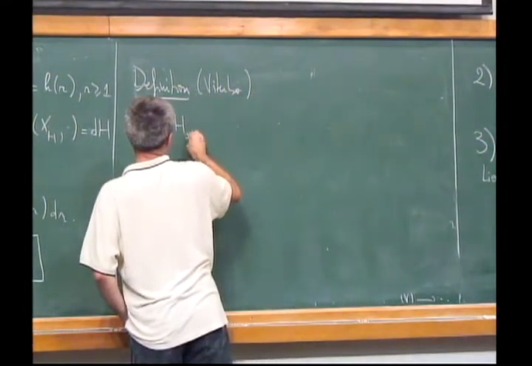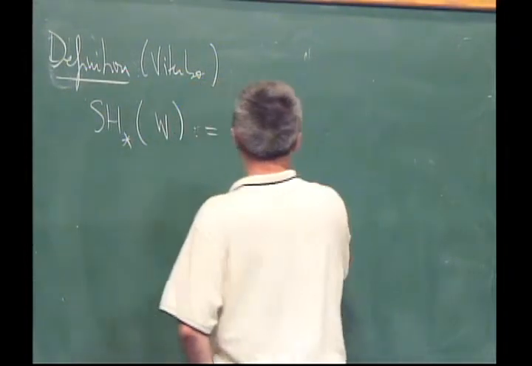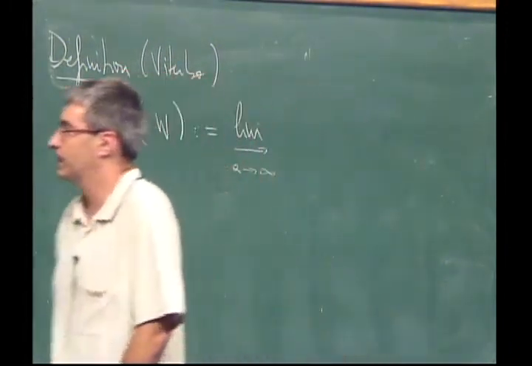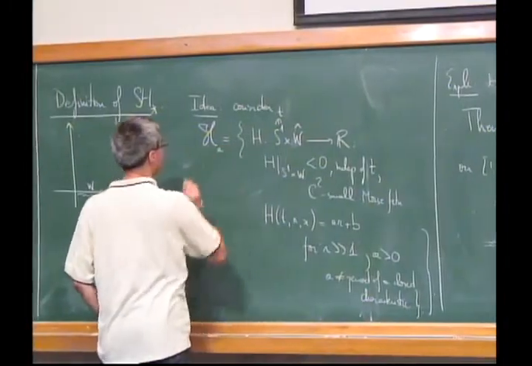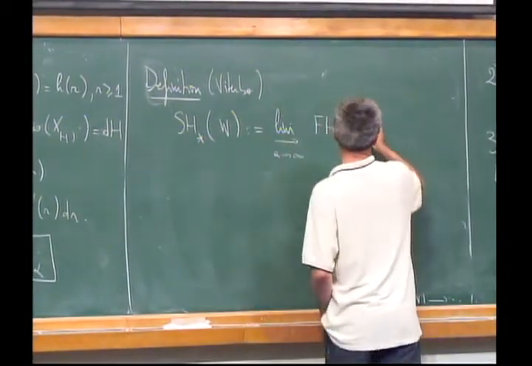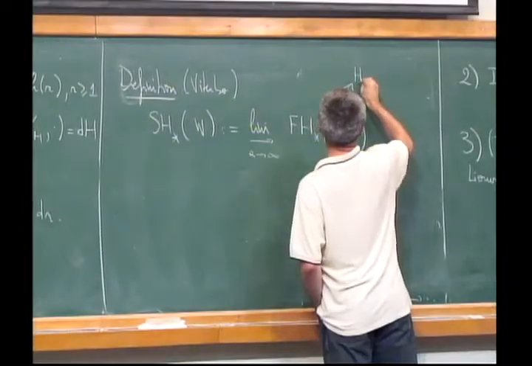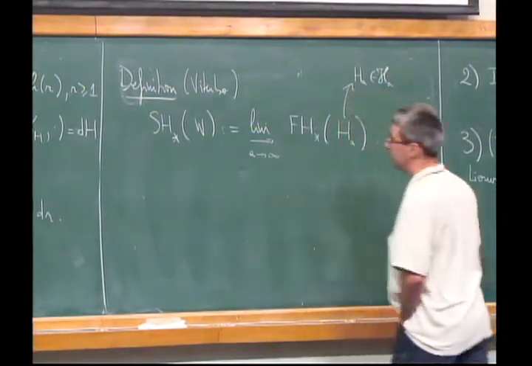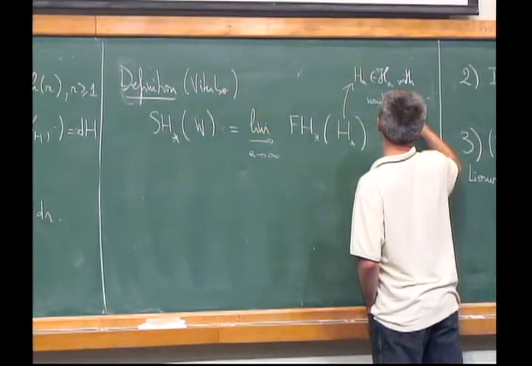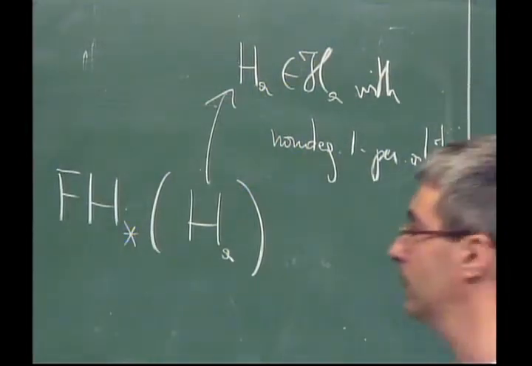Define SH star of W to be the limit as A goes to infinity of Floer homology of a Hamiltonian H, or maybe H_A, with H_A in script S_A, and with non-degenerate one-periodic orbits. That's it.